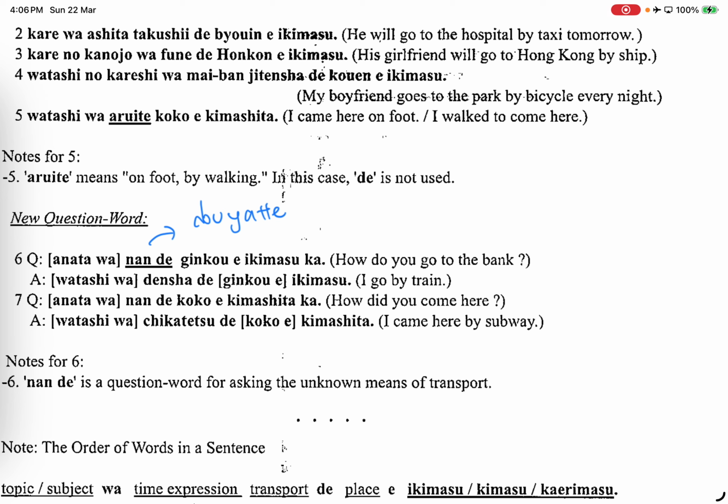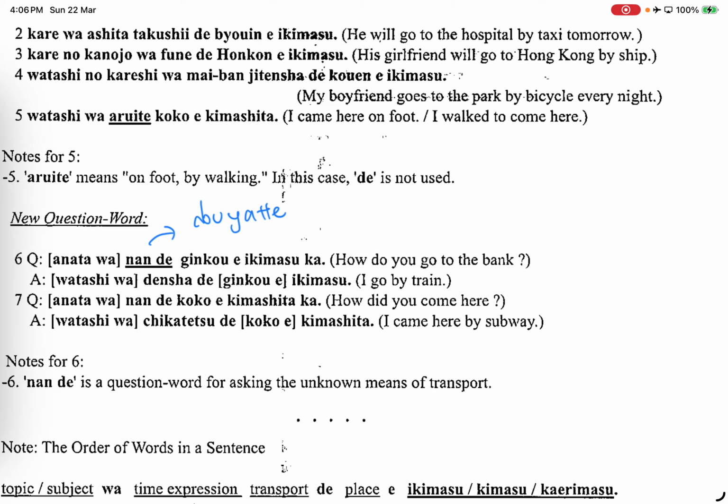So by walking, here I come. So I come here by walking. Okay? Because there's no means of transport lah. If you want to say by your legs, can. Ashi de kimashita. I come by foot. But it's very unnatural to say you come by foot literally in Japanese. So usually they will use the verb aruite.